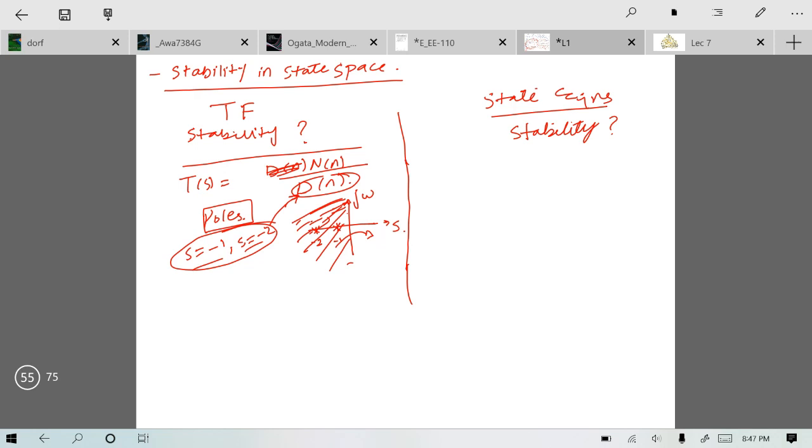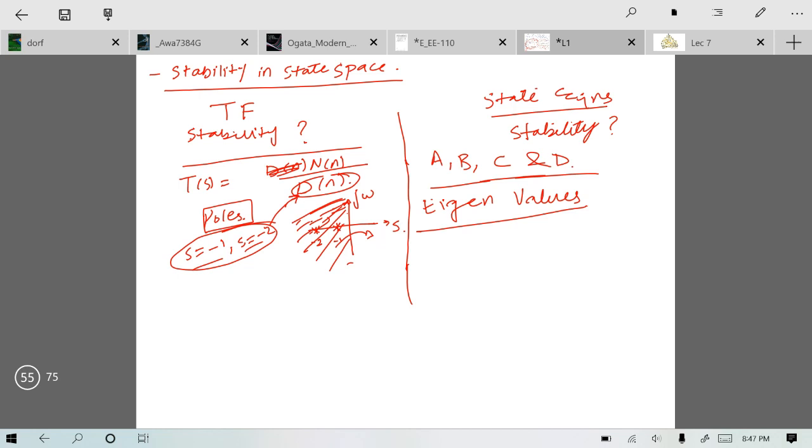How can we find the stability if we are given A, B, C and D, that is the state matrices? In this case, as we discussed in the last lecture, we use eigenvalues. We evaluated eigenvalues and solved an example in the last lecture.